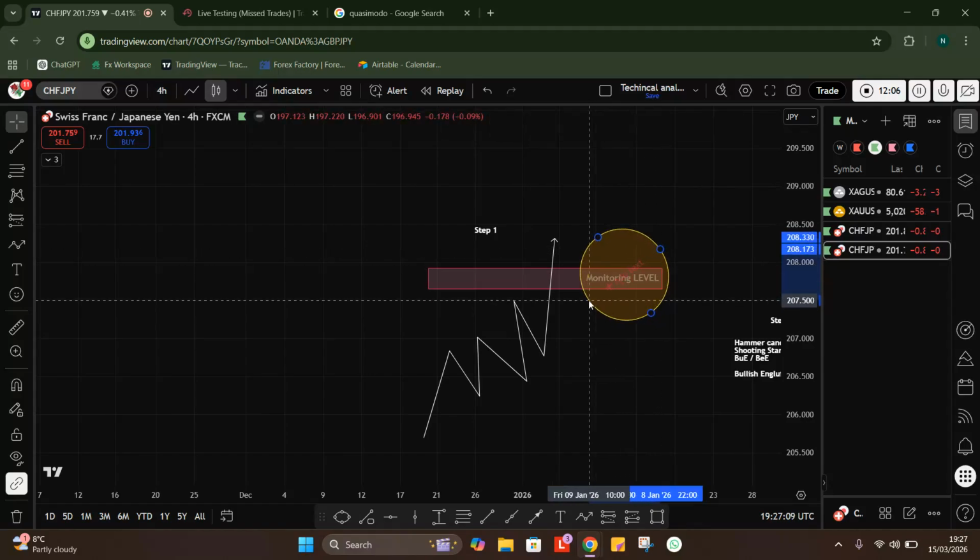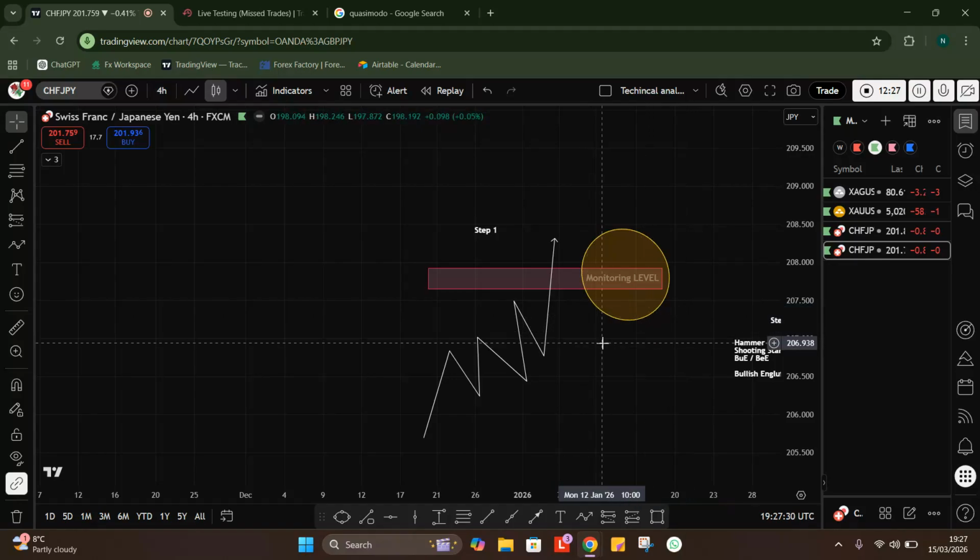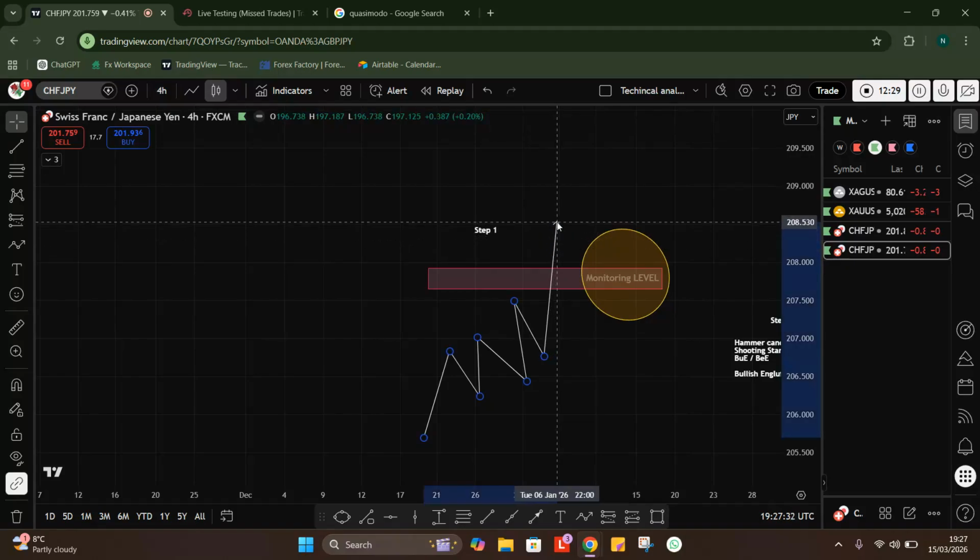I'm not saying whoever said supply and demand is the best is a fraud, but maybe it is how banks trade. I don't really believe so, because sometimes you see price shoot straight through really good demand or supply levels.